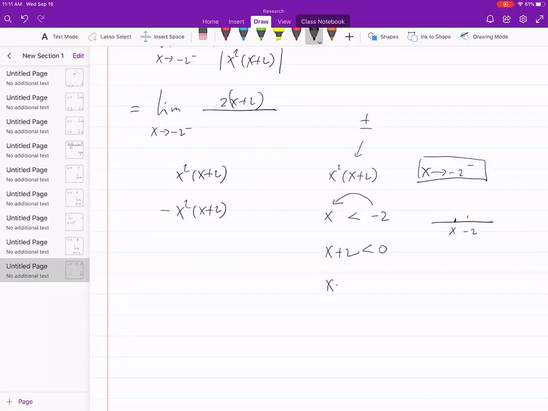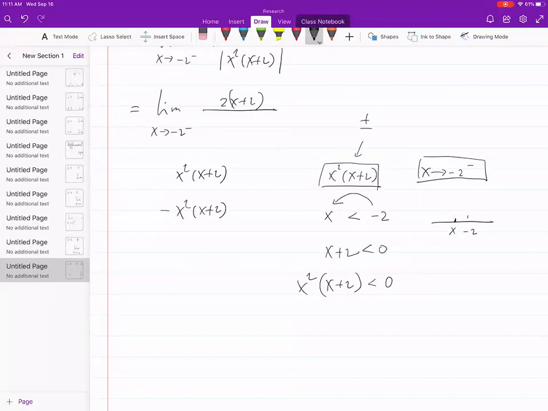What about this one? Remember, we're looking for this one, times x squared. It should be less than 0 times x squared. We know it depends on what we multiply by. If we multiply by something positive, then the sign remains negative, less than. If we multiply by something negative, we need to switch the sign. But we happen to be multiplying by x squared, therefore it's still less than.